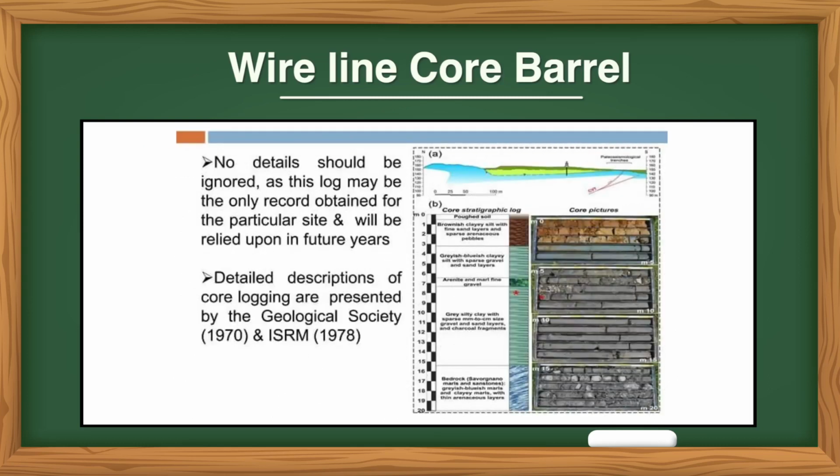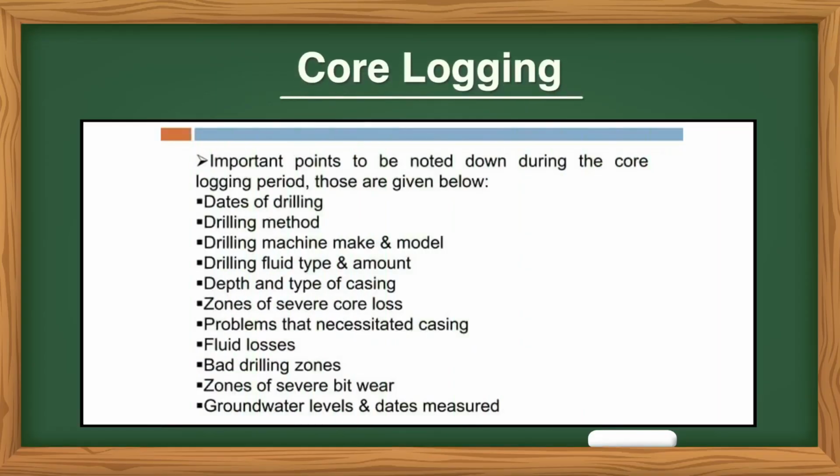No details should be ignored, as this log may be the only record obtained for the particular site and will be relied upon in future years. Detailed descriptions of core logging are presented by the Geological Society in 1970 and ISRM in 1978. Important points to be noted down during the core logging period are given below.